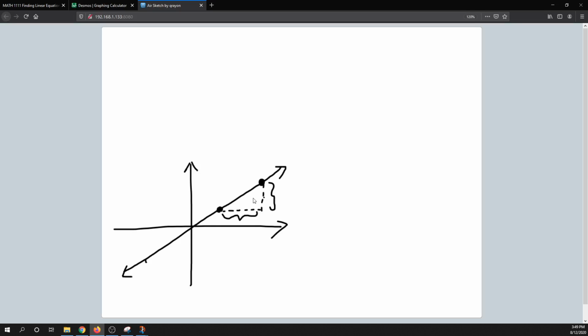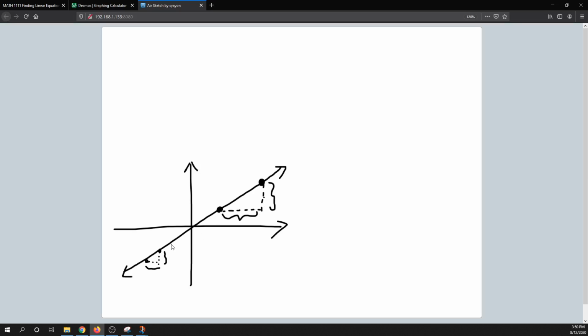So I might pick 2 points down here, on the line, and I might make this little tiny triangle. And the sides of this triangle are going to be a lot smaller than the sides of this triangle right here. But if I take the length of this side and divide by the length of this horizontal side, it's going to be exactly the same as what I get over here, okay?